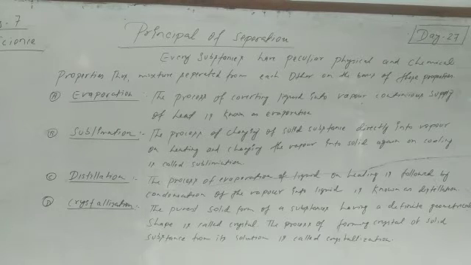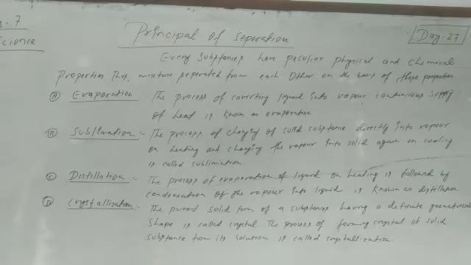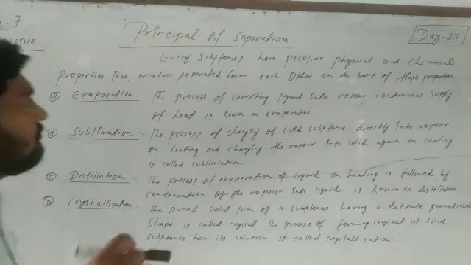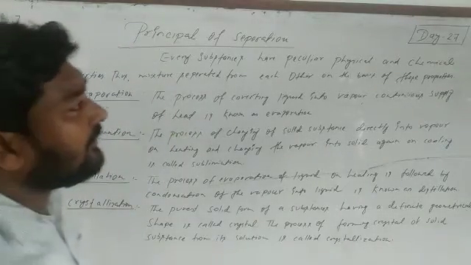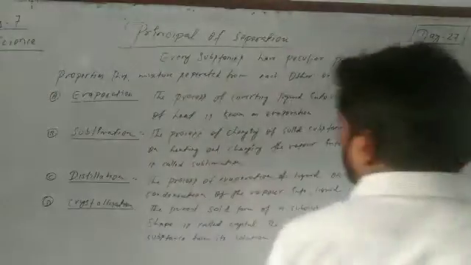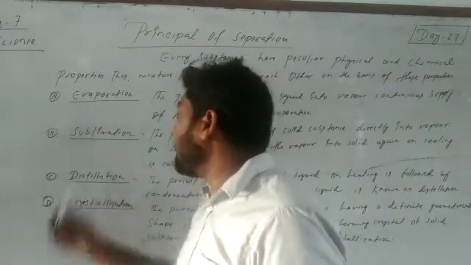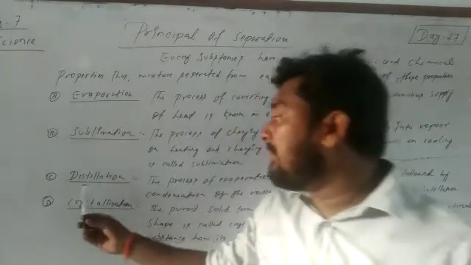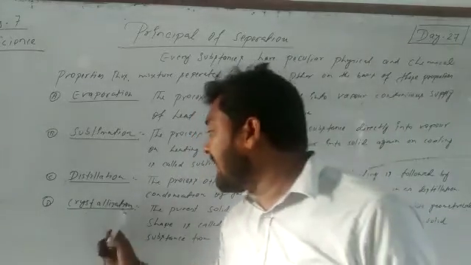Now the principle of separation. Every substance has peculiar physical and chemical properties. Thus, mixtures are separated from each other on the basis of these properties. First is evaporation, second is sublimation, third is distillation, and fourth is crystallization.